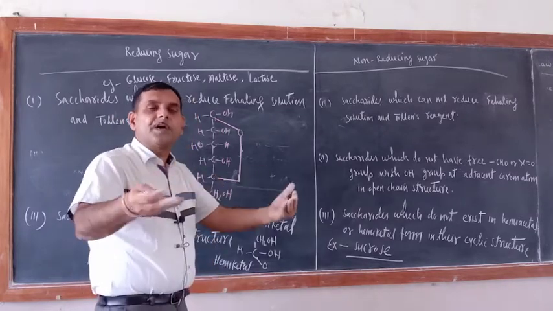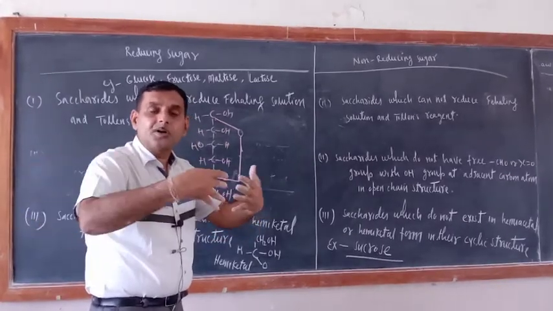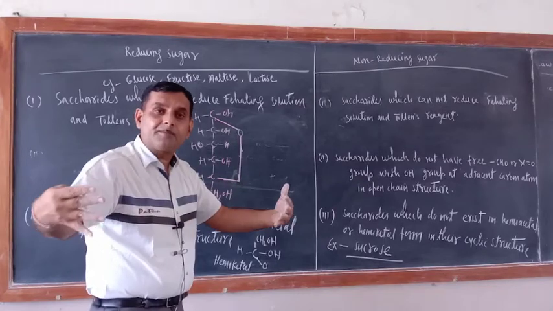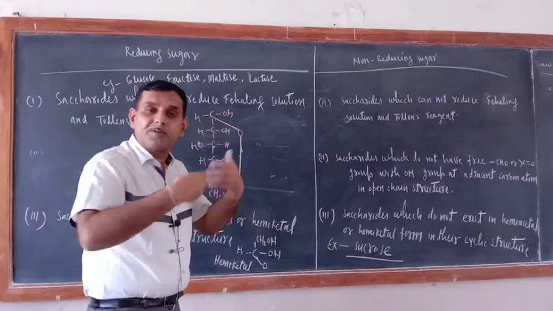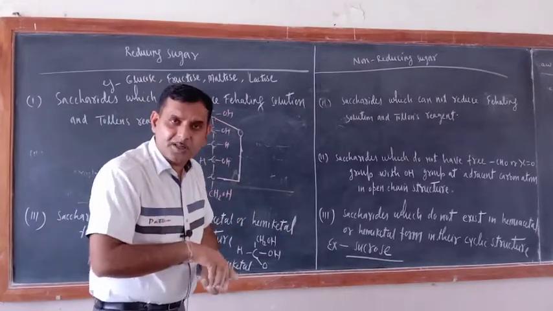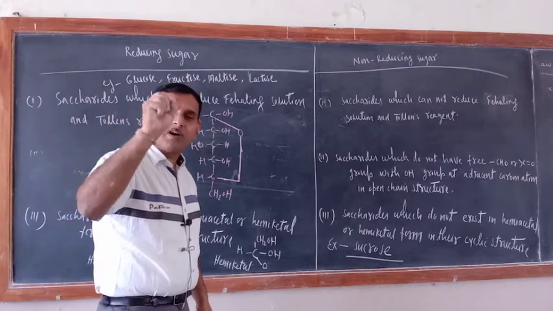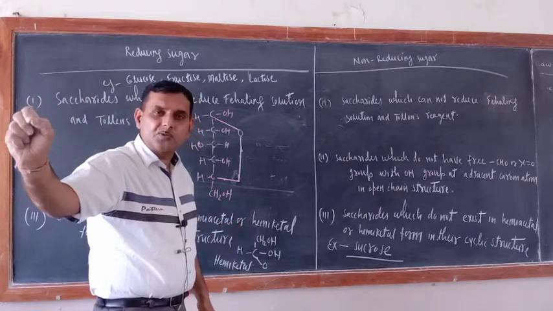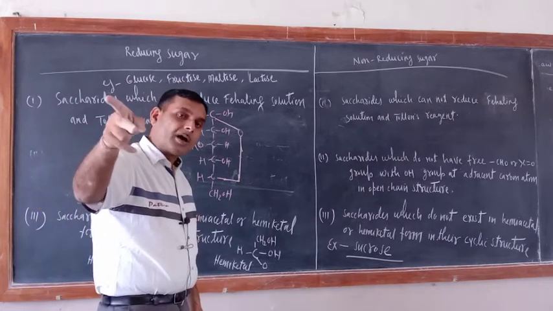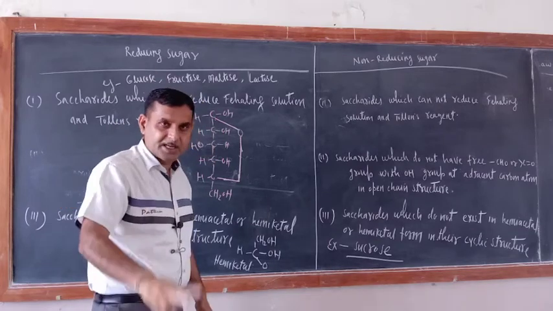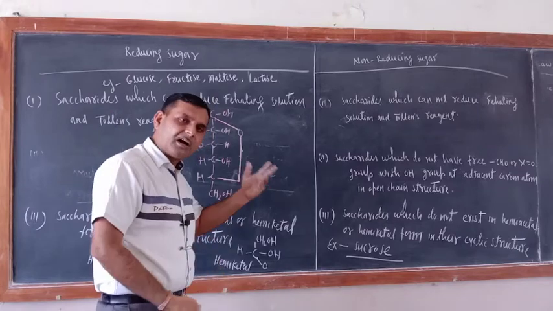Their free CHO and free CO group are involved in the glycosidic linkage, so the free CHO group and free CO group are not there. Those which have a 1,4 glycosidic linkage will have a free CHO group or free ketonic group. They are called reducing sugar.